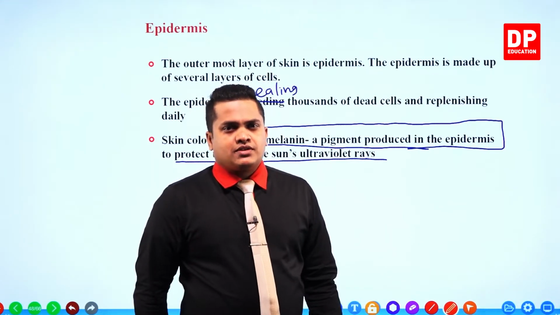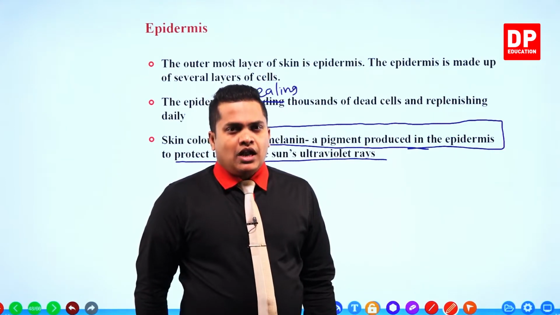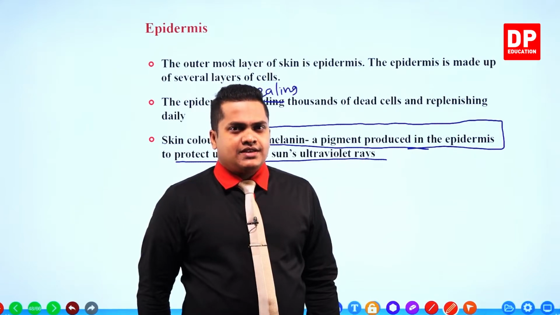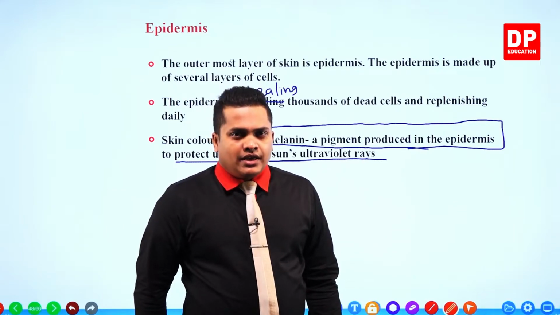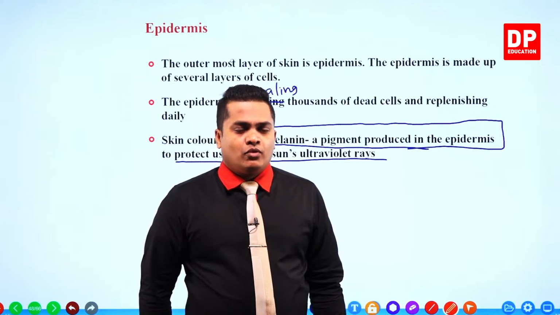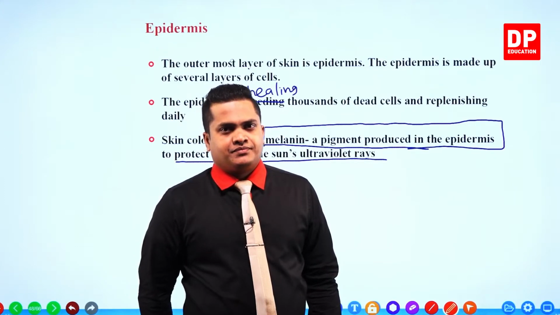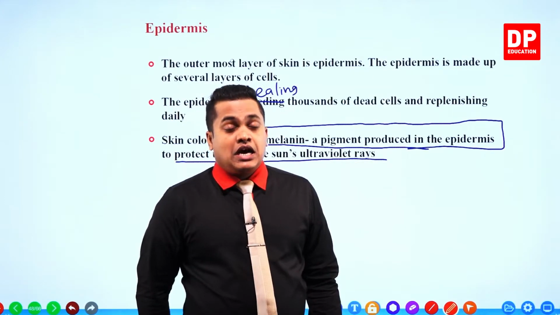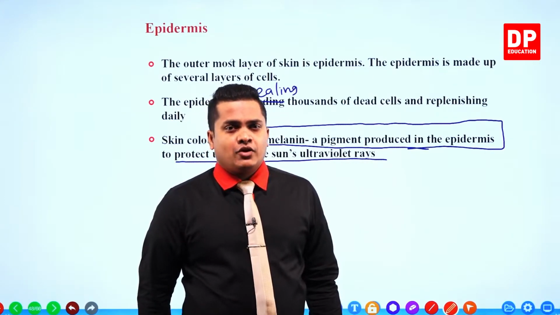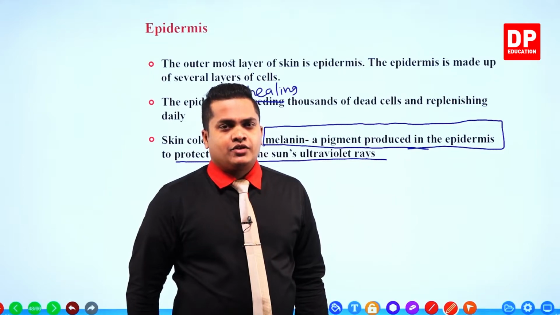It's because melanin can absorb the ultraviolet rays contained in the sun. So when you are going outside, when you are facing sunlight, more and more melanin pigments are getting produced. Okay, a large amount of melanin pigments are going to be produced. Melanin is dark in color, so thereby your skin color is also getting dark.